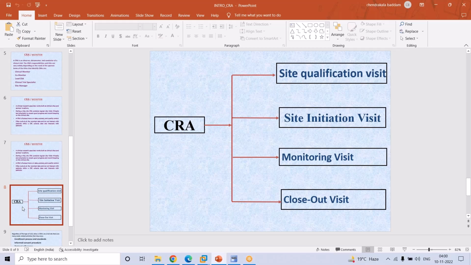The main focus of this visit is to evaluate the way the study is being conducted, and also to do the verification of the data. As the study starts, they collect the data from the subjects. That collected data will be verified by the CRA.